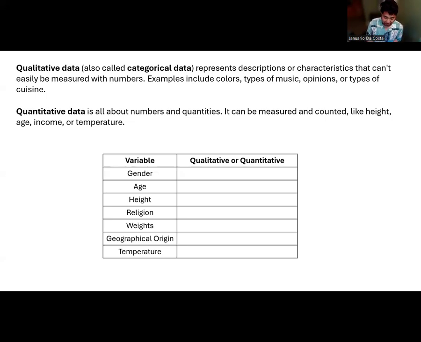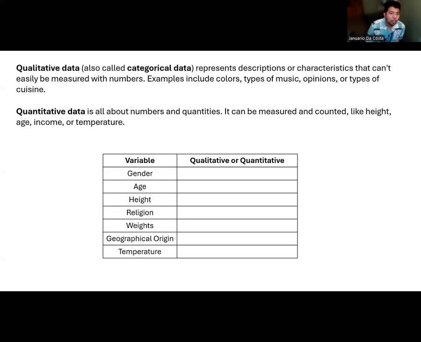Types of music, for example, reggae, rock, pop, rap, dangdut. For example, opinions of people. People have different opinions, right? Or types of cuisine. For example, I like Japanese food, Korean food, Indonesian food, Italian, French. Those are all things that are categorical or qualitative.